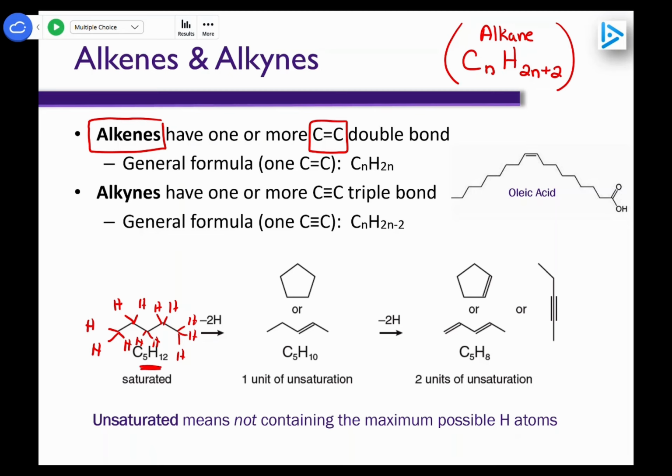So double the number of carbons, 5 times 2 is 10, plus 2, 1 hydrogen for each end, which gives us 12. That is saturated. It has as many as possible. If we want to turn this into an alkene, we're going to have to take 2 hydrogens. I'm going to take this one and this one. Those hydrogens are going to go away. Those extra electrons can be used to form a double bond.